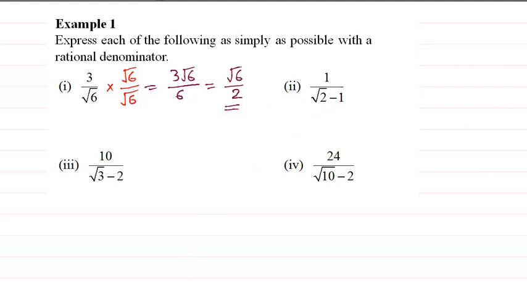Number 2, here we need to multiply top by the conjugate at the bottom, means we change the sign in the middle. And we also multiply the bottom by the same thing.